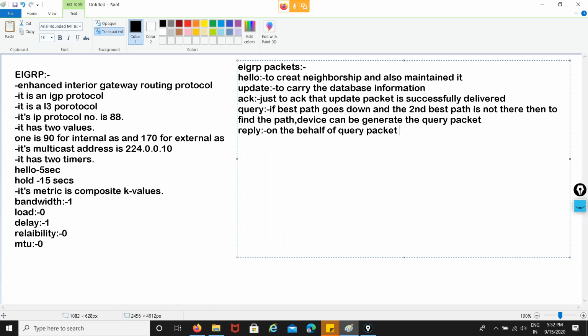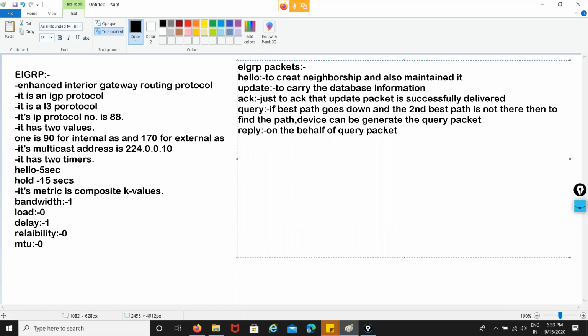If any device has some specific path by which that particular device which generated the query packet can find its best path, then that particular device sends a reply packet towards it, by which it simply advertises that path to the other router so the router can find the path from its source to destination again, and on behalf of that it simply negotiates the information between these two devices. Okay, so this is the purpose of these hello packets.